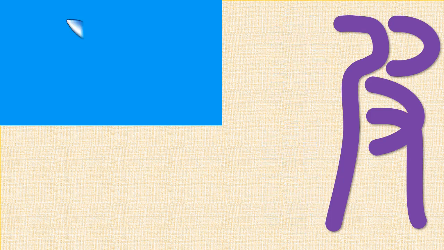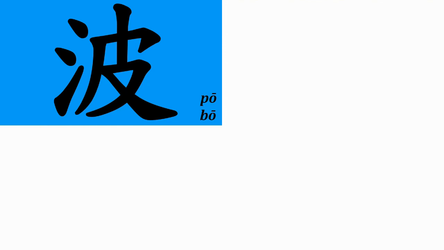Today's second character replaces the earth radical with the three-drop water radical to indicate water shaped like a hill or a wave. It's pronounced either first tone 坡 or 波. Waves naturally move outward until reaching the nearest shoreline.